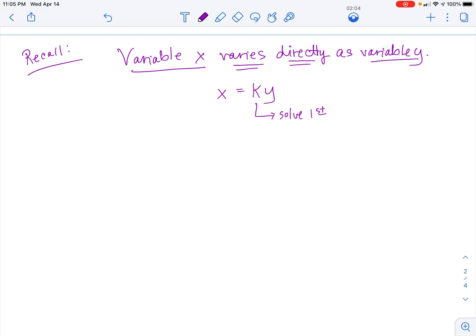Now we're going to look at an example here. This is actually one in your book, it's 80.1, so I'll go ahead and write out what it says.